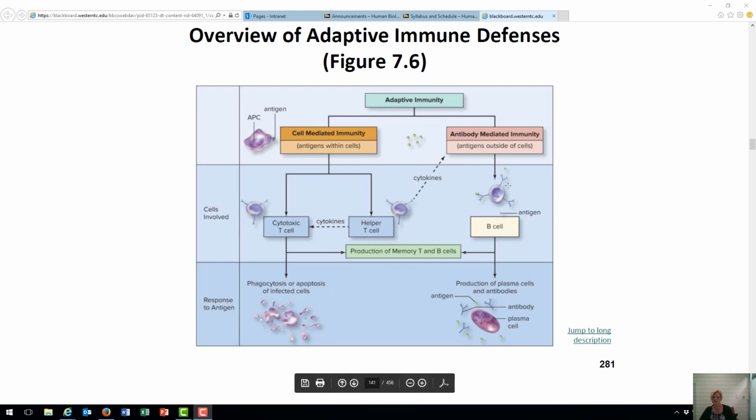So another response is if those antigens are not bound to an antigen presenting cell, but they're free floating in the plasma, we have B cells that will attack those antigens and form what we call plasma cells, which are special differentiated B cells that are going to produce lots and lots of antibodies, which are these small little Y-shaped structures, which are proteins that will bind and destroy antigen.